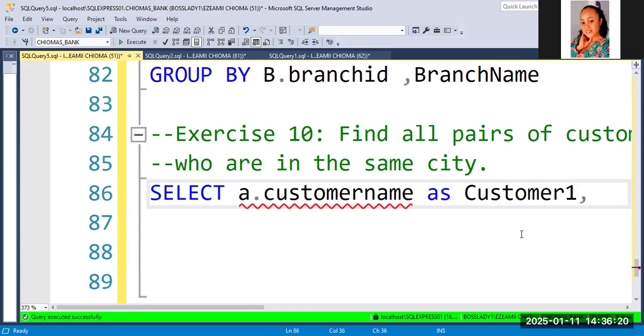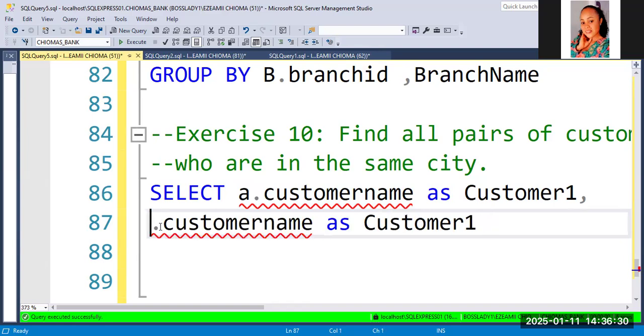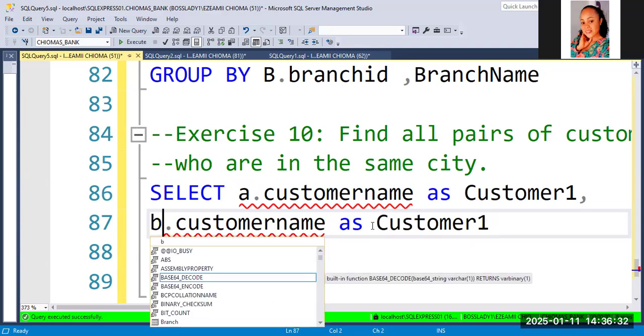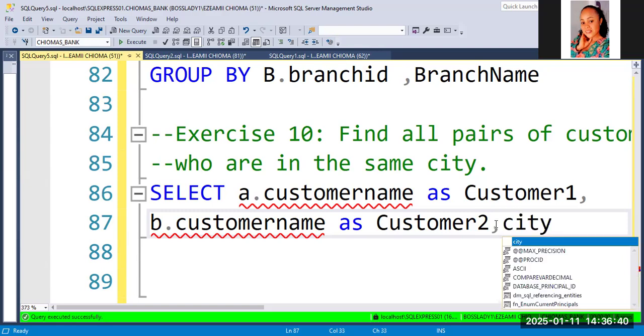So we'll now do this again. We're selecting it on the same table, but we're going to alias it as customer, as our B table. Then we select their city so that we know the city they are in.